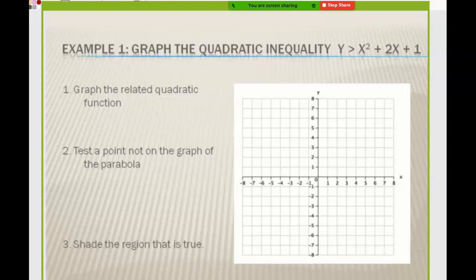So I'm going to find my vertex. My vertex is at -1. I'm then going to take -1 and plug that in. So I have -1 squared plus 2 times -1 plus 1. So that gives me 0.